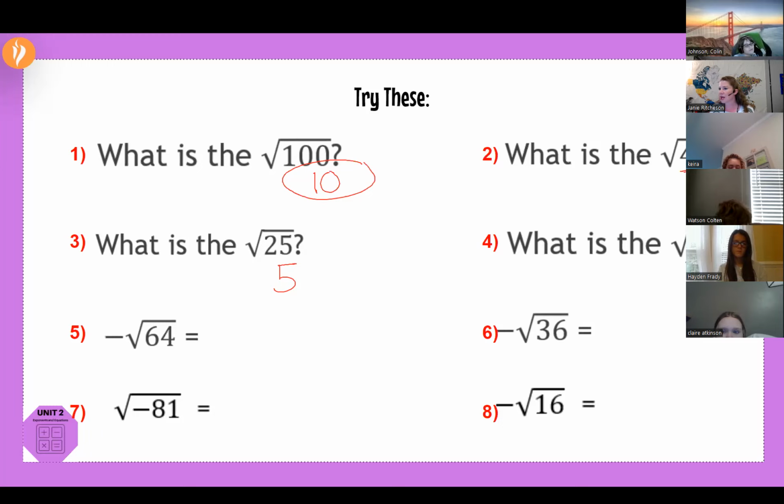Good job. All right, Colton. Look at number 5, Colton. What is the opposite square root of 64? What do you think, Colton?